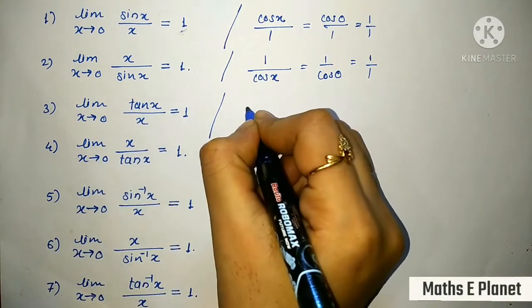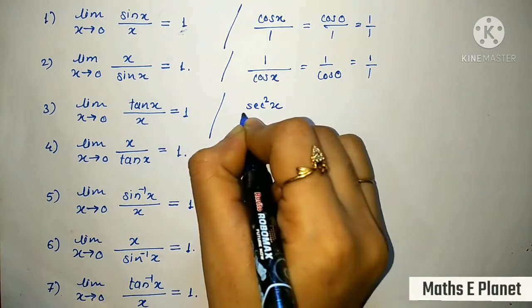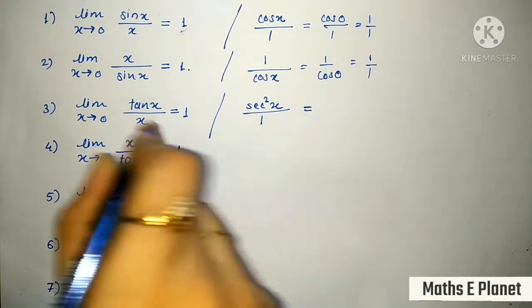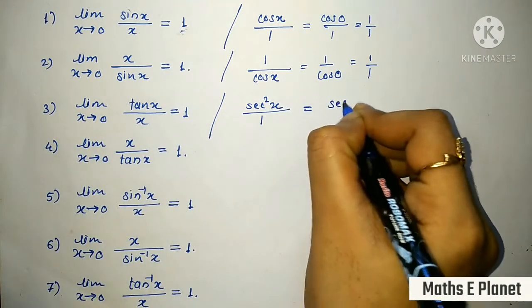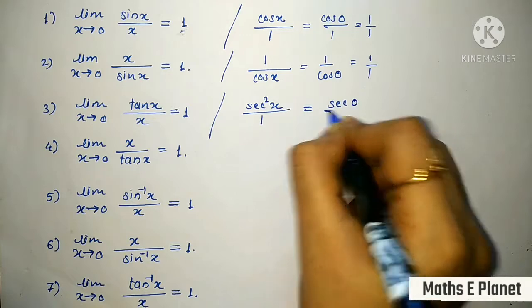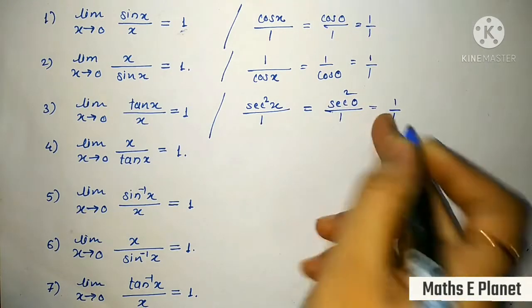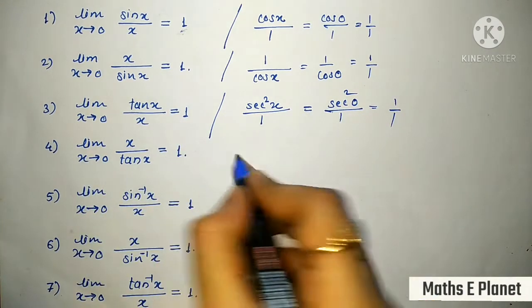Here the differentiation of tan x is secant square x, and the differentiation of x is 1. Now put 0 instead of x, so secant square 0 upon 1 is 1 upon 1. The answer is again 1.